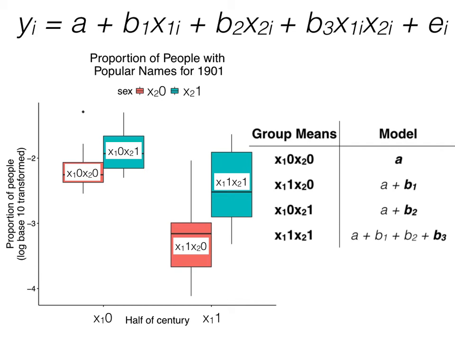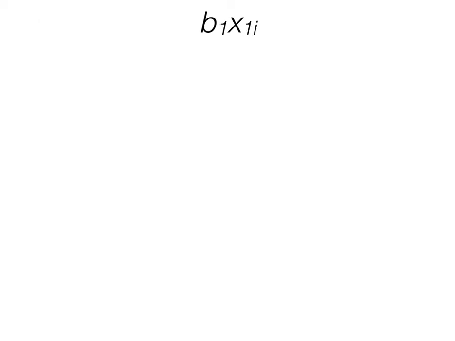The important thing to take away from this is that at no point are we looking at the grand mean of the data or the mean of a variable collapsing across another variable. To give you a better idea of what I mean by this, let's look at just the b1 x1 part of our equation for both the model with the interaction and the model without the interaction.